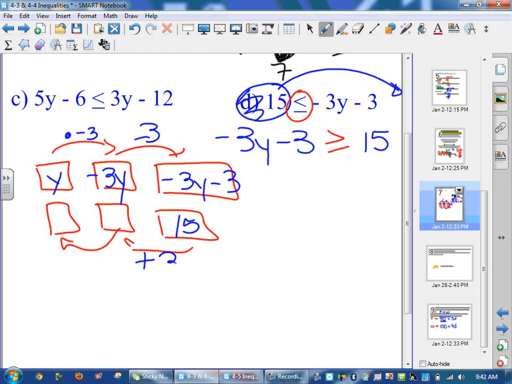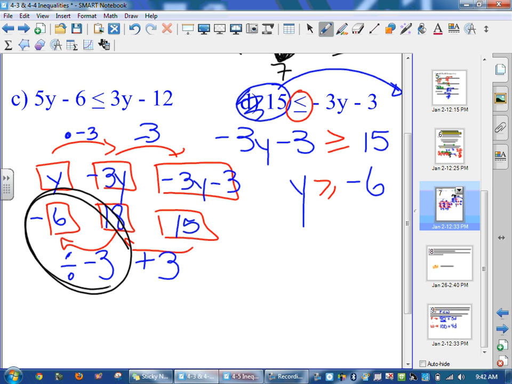So I should get this for an answer. y, -6, and it looks like I'm going to do this, right? This is the trick. Your very last step, right down here, if you multiply or divide by a negative number, this has to switch directions again.